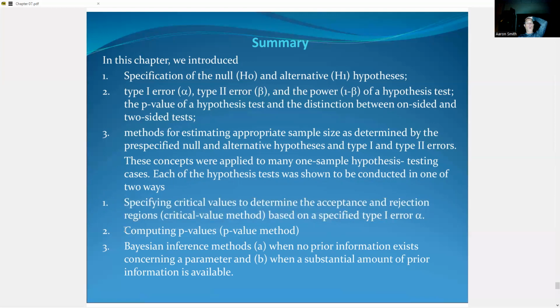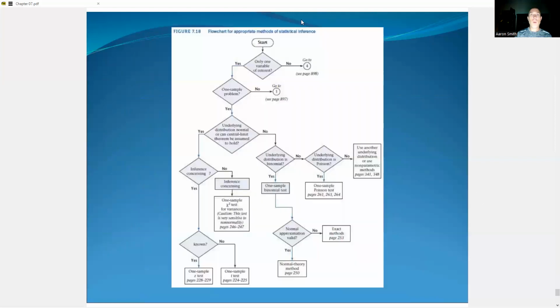The second way is to compute the p-value, then compare the p-value to our type 1 error risk tolerance. Another way is to do Bayesian inference methods. First way is when no prior information exists concerning the parameters. And another way is when a substantial amount of prior information is available. And so here is a flowchart to work through.